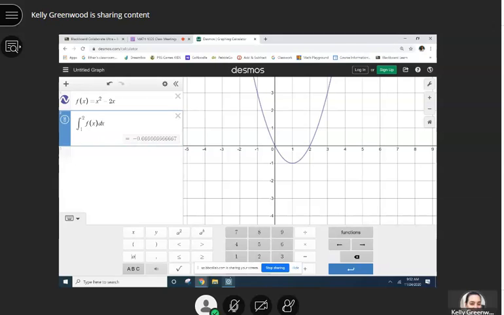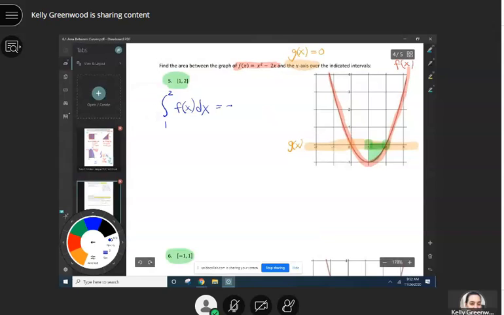So let me show you that the calculus will force this to be positive. So if you just do this, you're going to end up with negative 0.666666, repeating. So approximate. So then you would just have to force this to be positive. So it's kind of like you're doing absolute value, right? Force this to be positive.